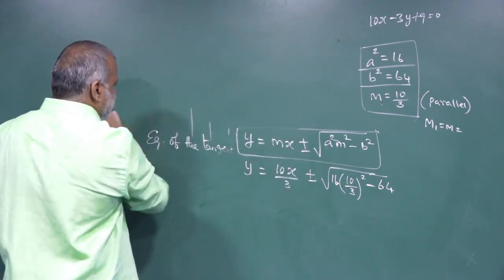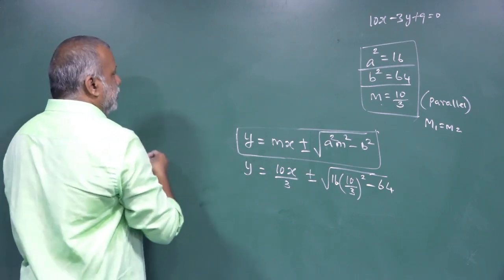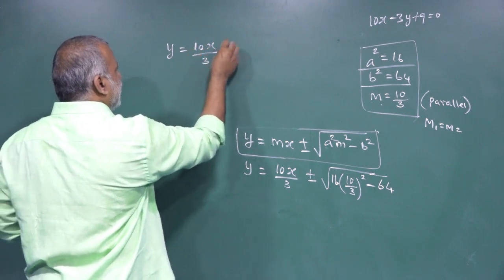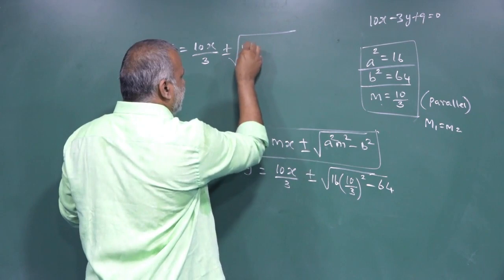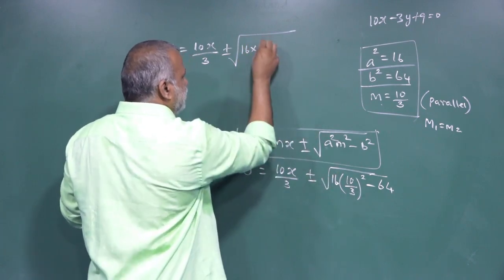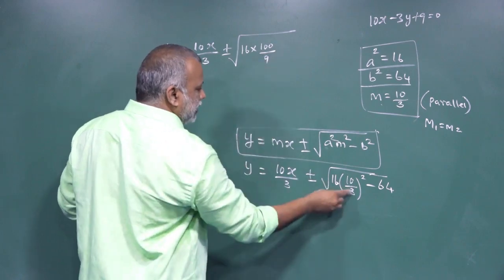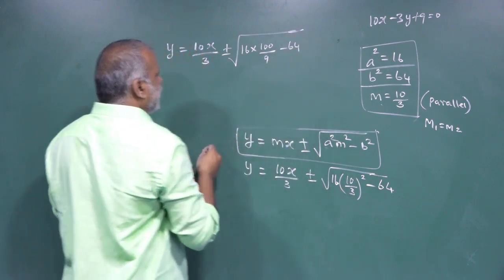Listen carefully. Now we have to simplify. See, listen. 10x by 3, then plus or minus square root of 16 times, 10 squared becomes 100 divided by 9, 3 squared becomes 9, minus 64. Simplify carefully.